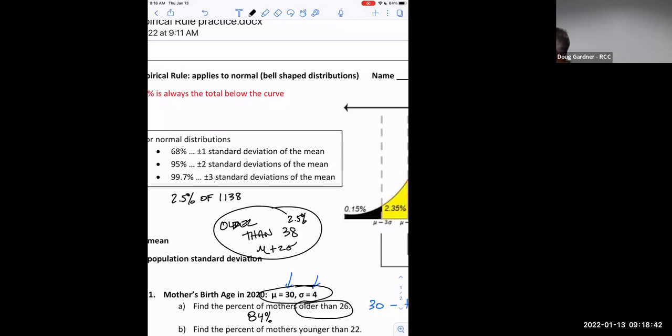I don't know if that's realistic. Maybe it depends on the town you're in, right? What if you had 1,138 patients? So you might say, well, 2.5%, that's really small. That's not that likely to happen. But if you have 1,138 patients every year that have babies, again, this is why we practiced percentages. What do I do to figure out 2.5% of 1138?